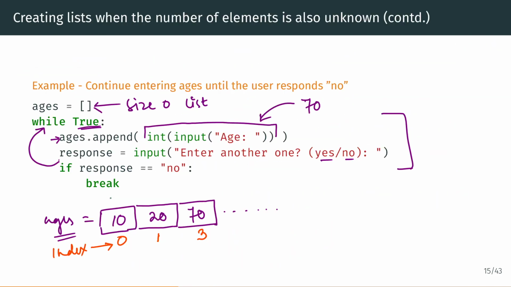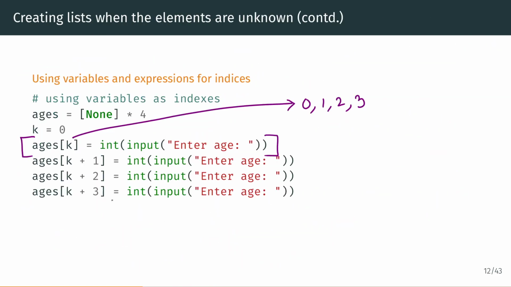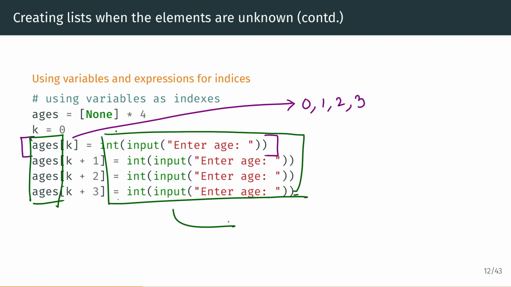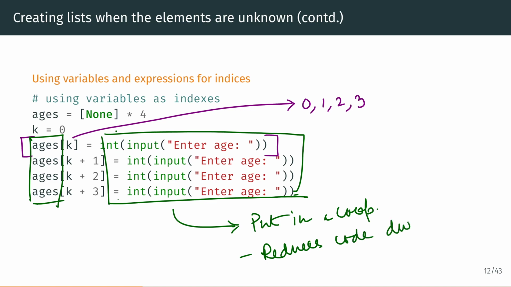Because these variables have common names, you can take the common parts out, this part and this part, and so on, and put these in a loop, which reduces code duplication.